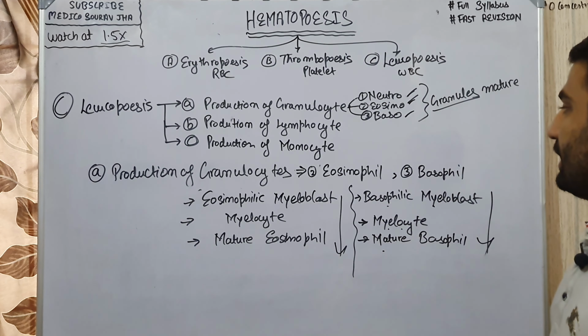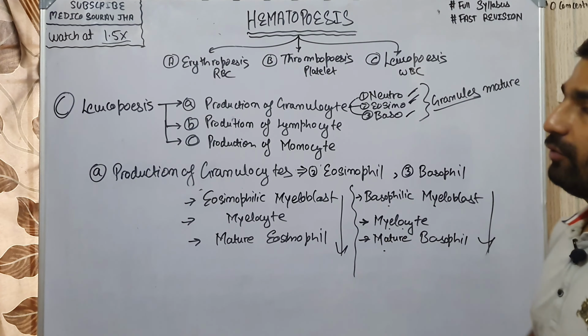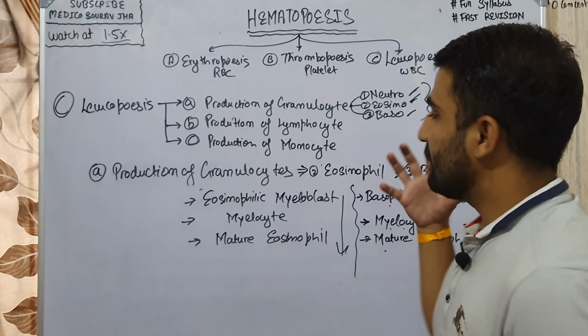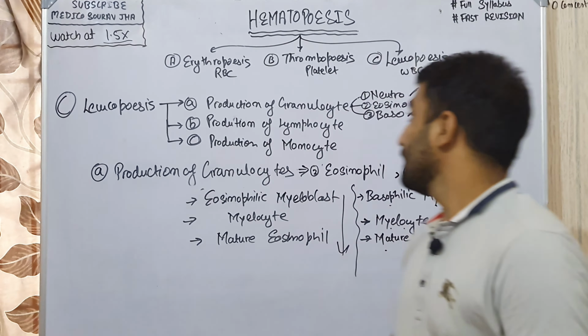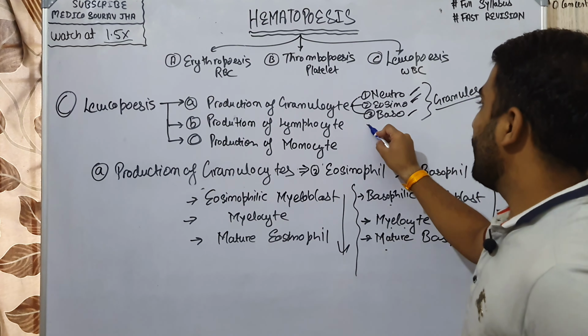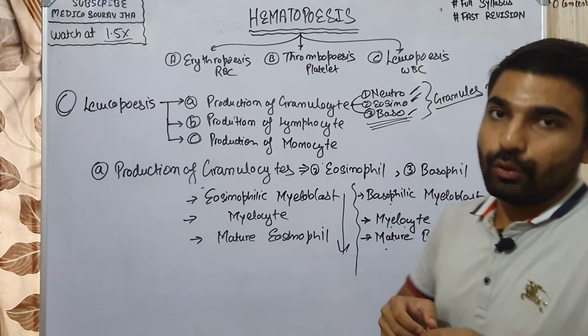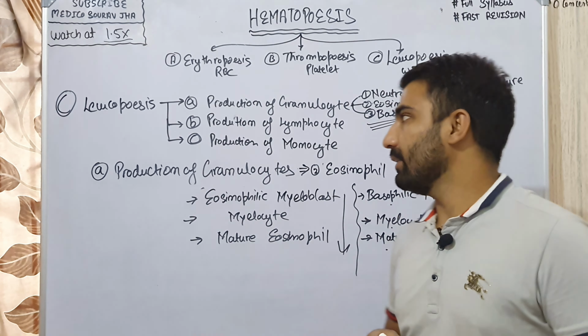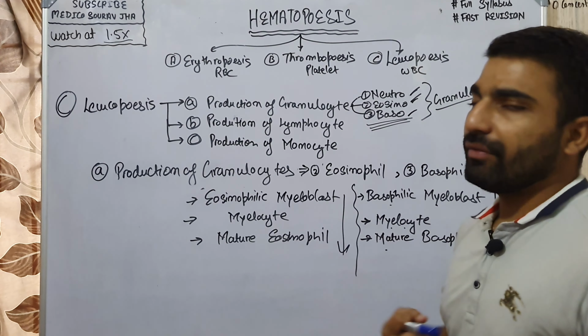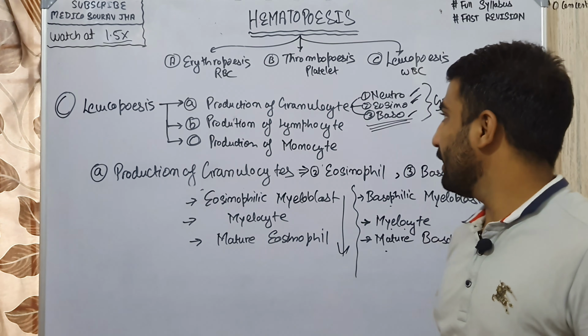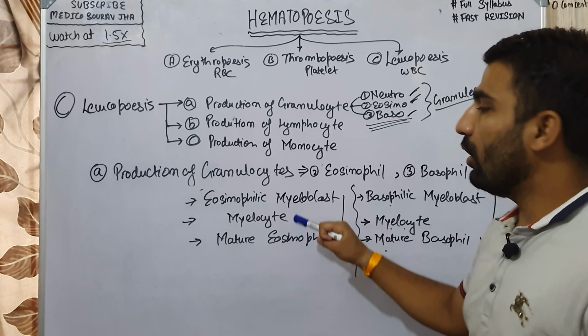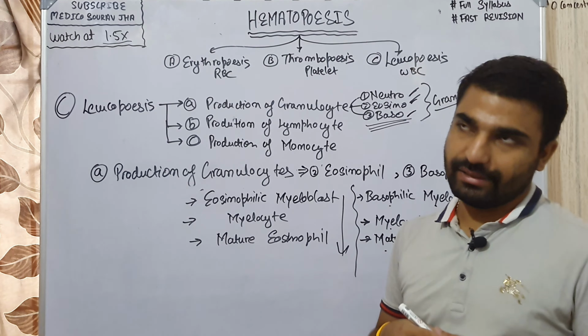This is also the trajectory of basophil maturation, which is similar to the neutrophils. These three have likely similar production stages. A little bit of difference is seen in the three of them, but almost the major steps are the same.